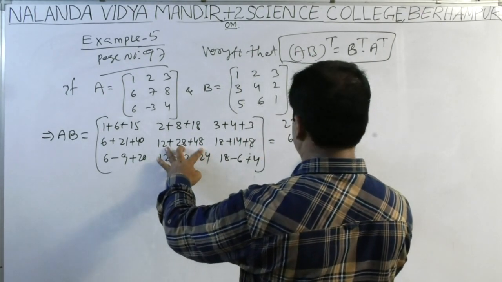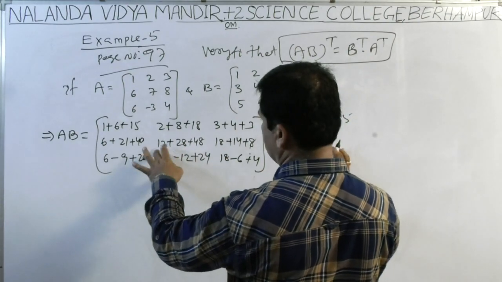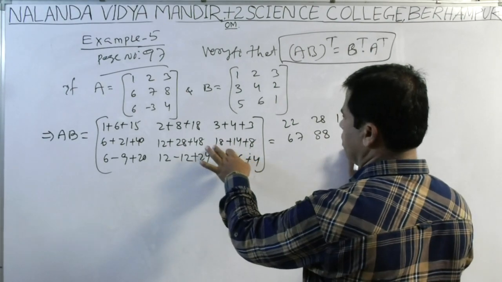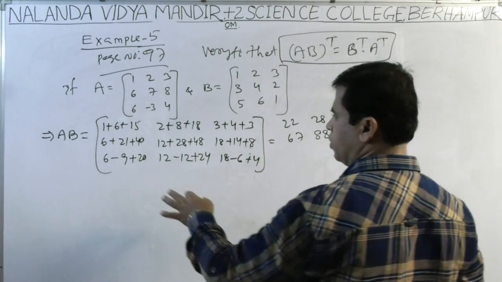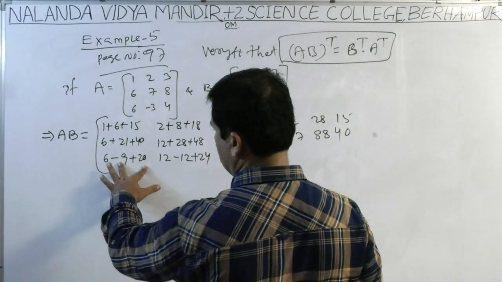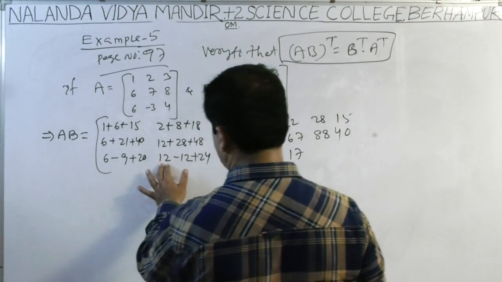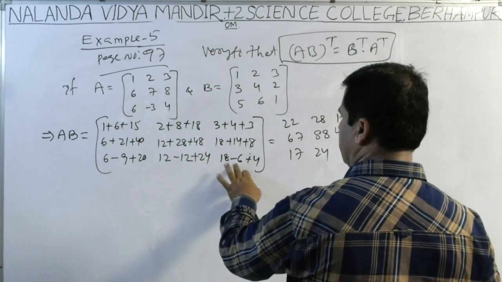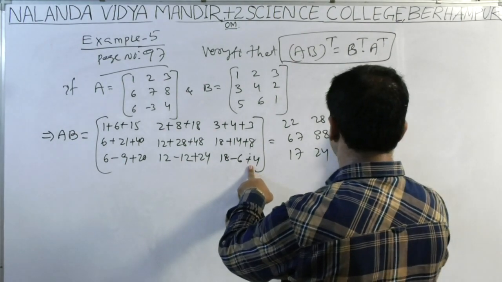So 88. This is 40. This is our 20 minus 9, 11, plus 6, 17, minus 12, plus 12, cancel, that is 24. 18 minus 6, 12 plus 4, 16.